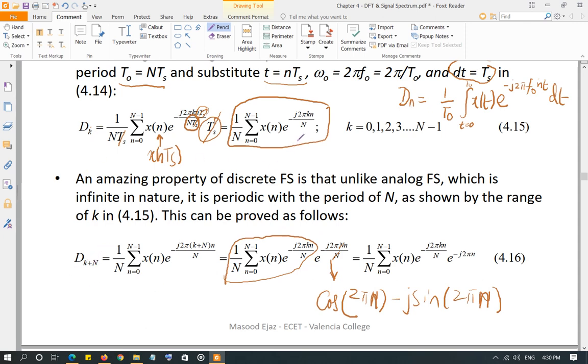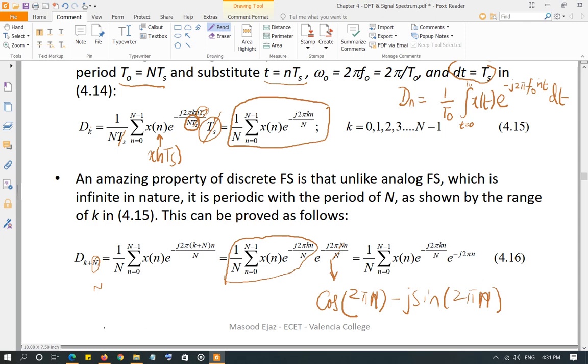What does that mean? That means that the expression has a periodic nature. It has a periodicity with period of capital N. So you have n components, fundamentals and harmonics in one period, and that is going to be repeated in every period.